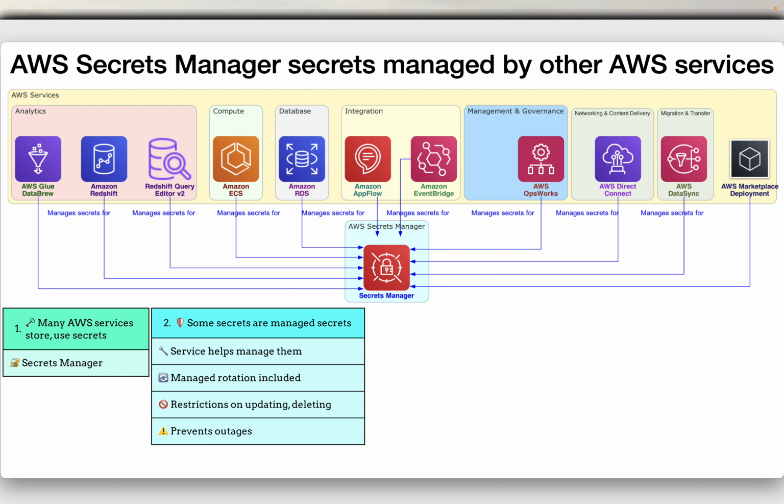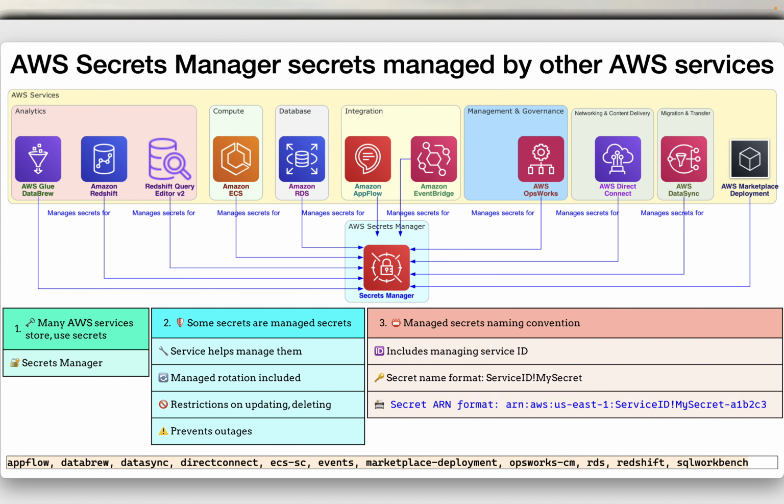For example, some managed secrets include managed rotation, so you don't have to configure rotation yourself. The managing service might also restrict you from updating secrets or deleting them without a recovery period, which helps prevent outages because the managing service depends on the secret.